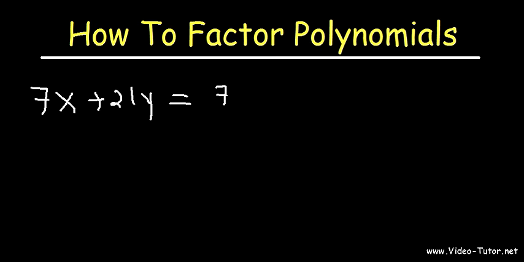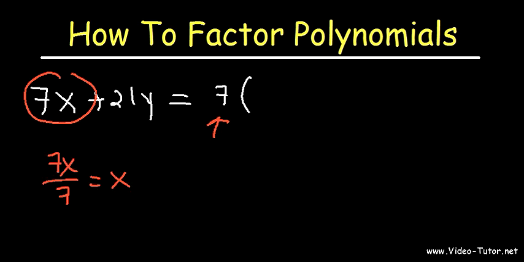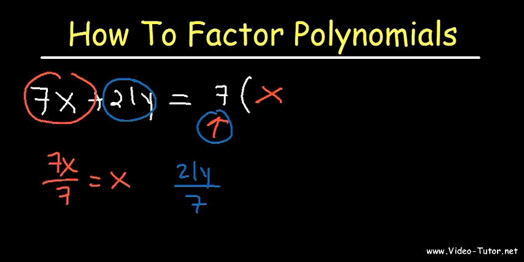So you want to factor out a 7. 7x divided by 7 is x, so that goes here. 21y divided by 7 gives you 3y, so that goes here. And that's how you factor it, by removing the GCF.